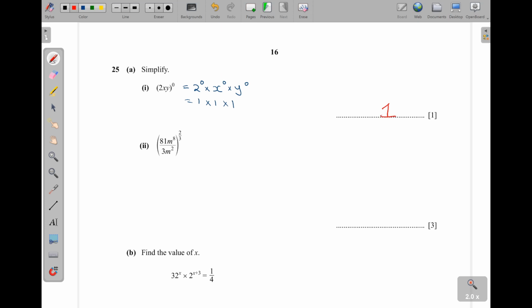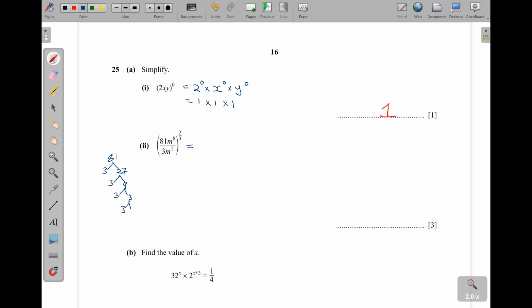Then here we are also going to have 81, which is actually 3 power 4. Let us first simplify what is inside. 3 goes into 81. 81 divided by 3, you get 27. By 3, you get 9. By 3, you get 3.